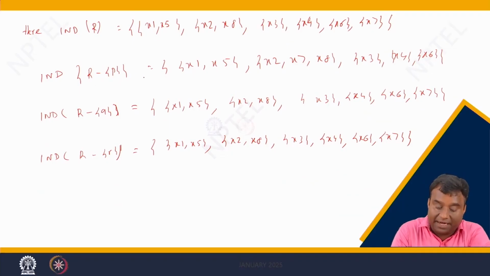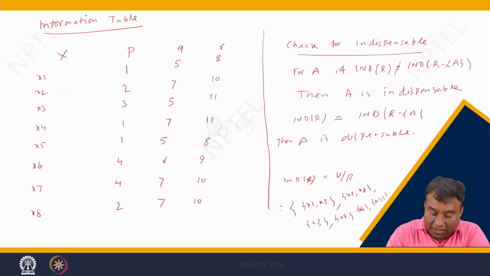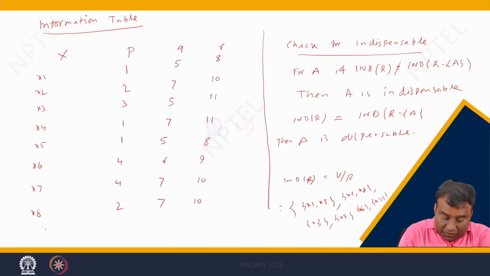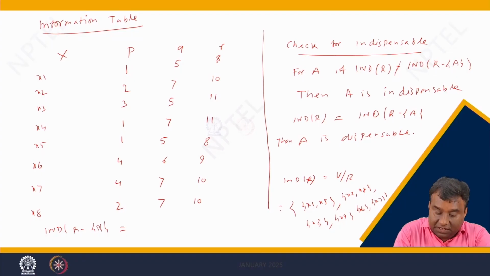Now the indiscernibility relation of R minus P. If we remove P from R, we get x1, x5, then x2, x7, x8. Removing P: 5, 8 and 5, 8 give x1, x5.